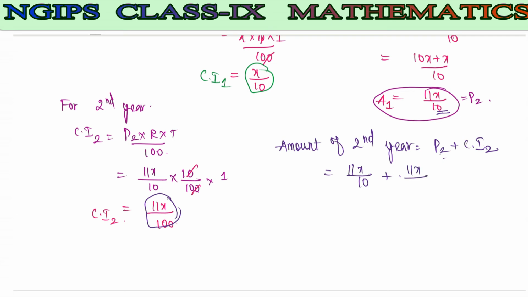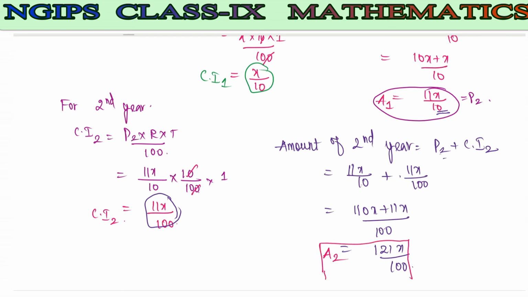If you take the LCM, we get 100. So 110x plus 11x divided by 100, and when you add this, 121x divided by 100. So this is the amount for the second year.